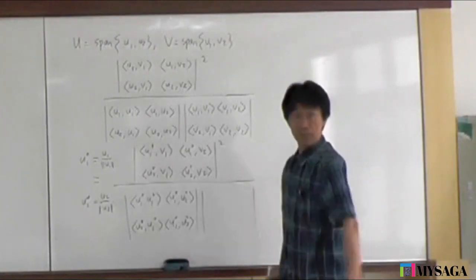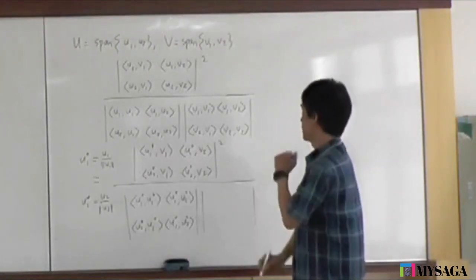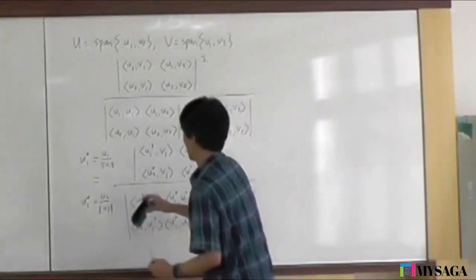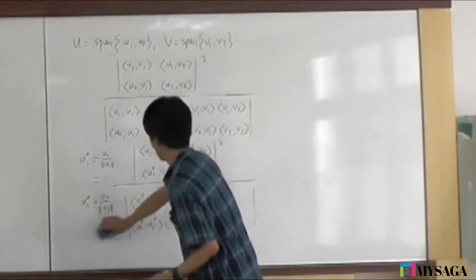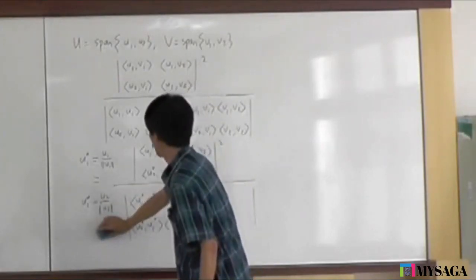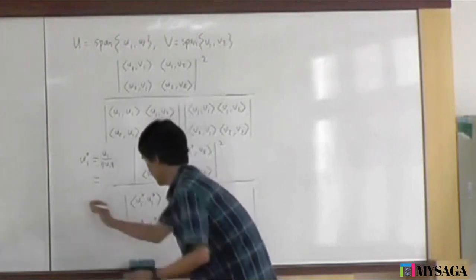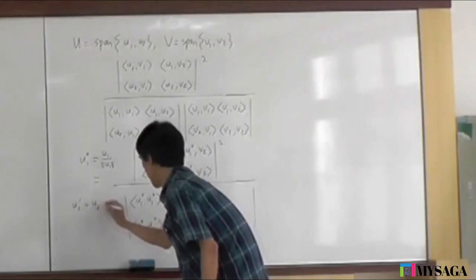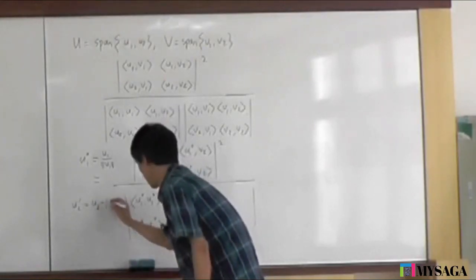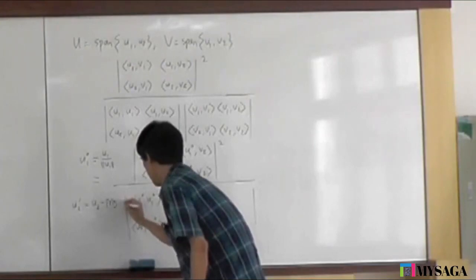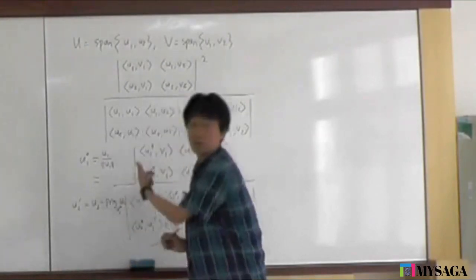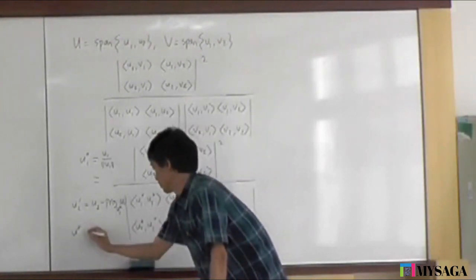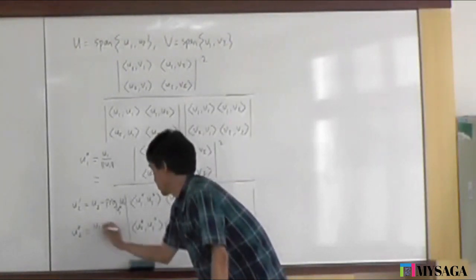We can do the same with B. But before that, hang on. Oh, I'm making a mistake. We don't do that with U2. First we do U2 minus the projection of U2 to U1 star, Gram-Schmidt orthogonalization, and then U2 star is U2 prime.